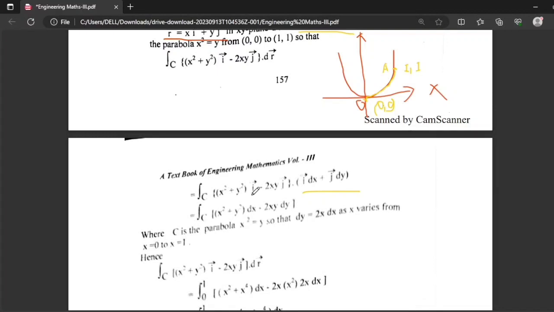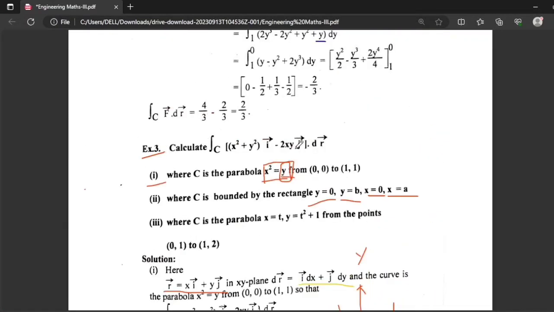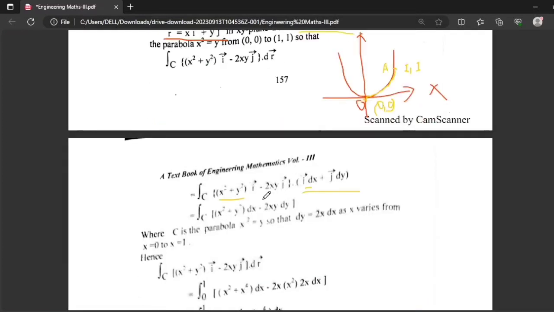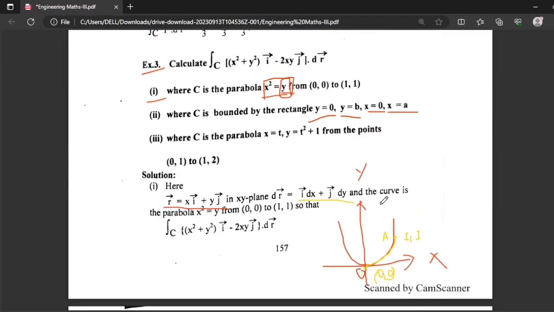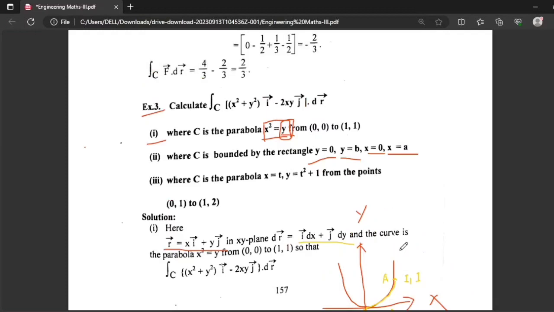So i dot i is 1 and j dot j is 1. So this multiplied by this is (x square plus y square) dx, and minus 2xy dy. C is the parabola x square equals y.